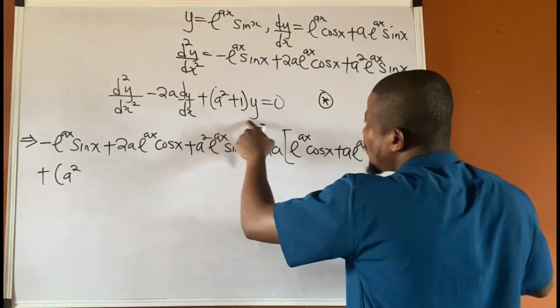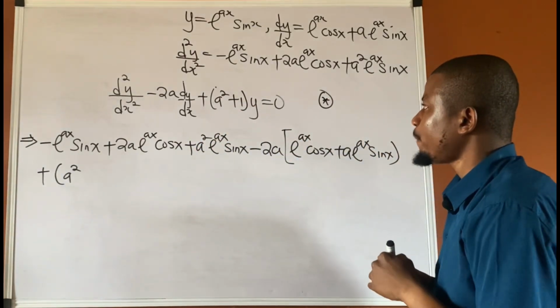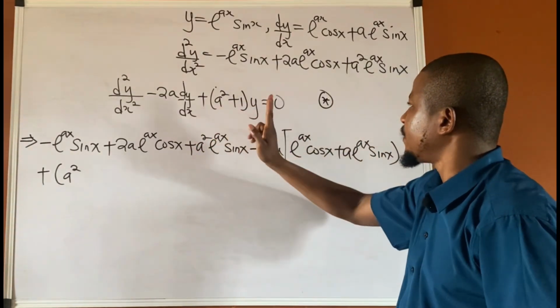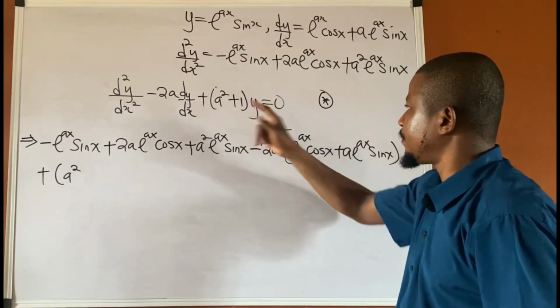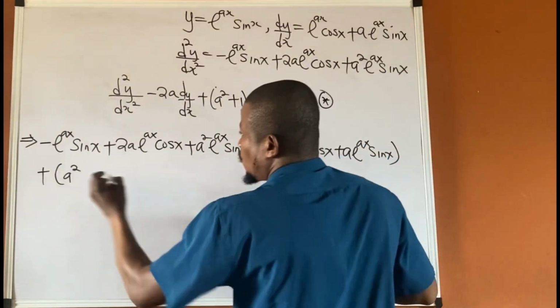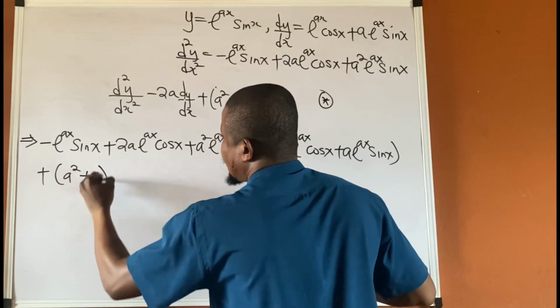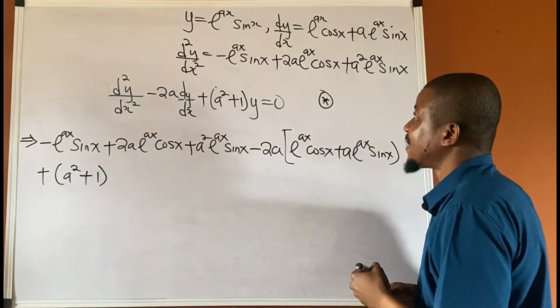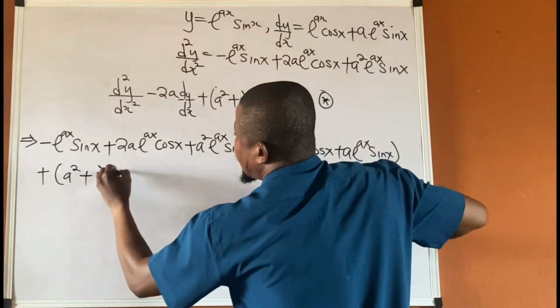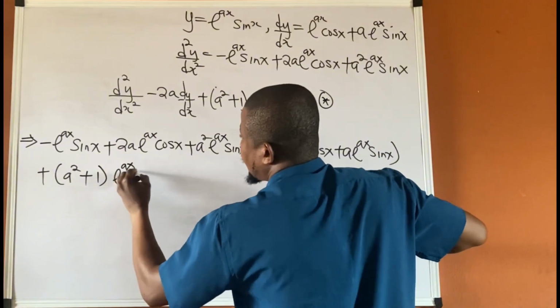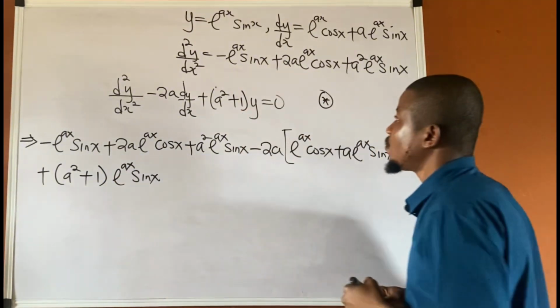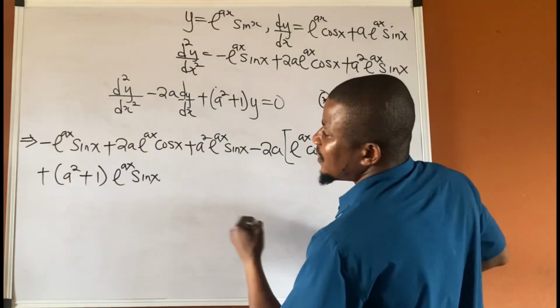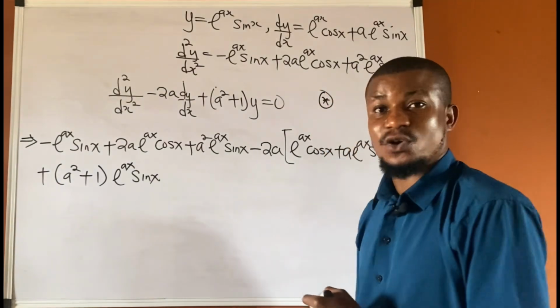Okay, we can actually expand this here. We have a squared plus 1. For y, let's just write out the value for y. We have e^(ax) sine x. Okay, we can go with this. Now, let's see if everything here will be equal to 0.